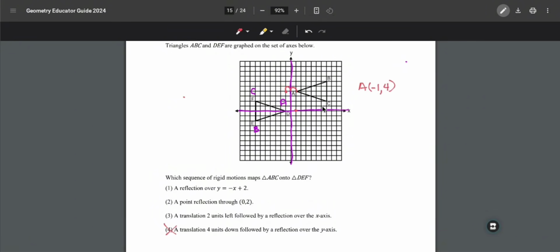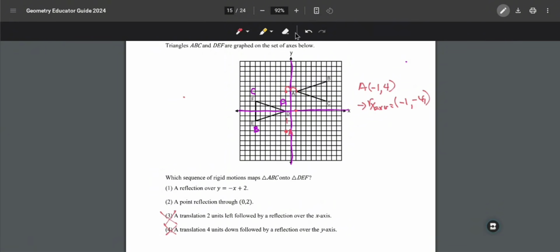And then a reflection over the x-axis would mean I'm keeping my x the same and changing my y sign. That places me at negative 1, negative 4, which is right here, which is not point D. So I already know that's incorrect.